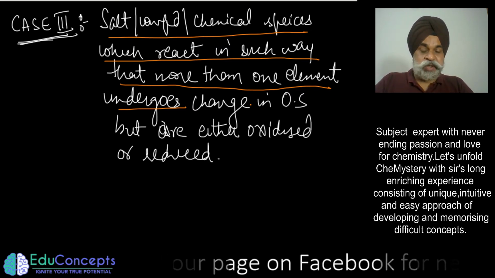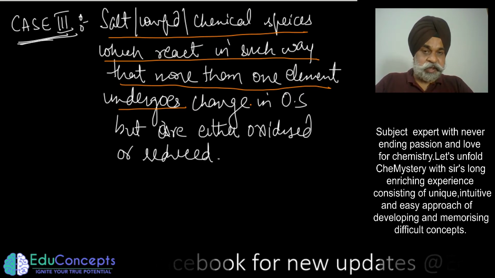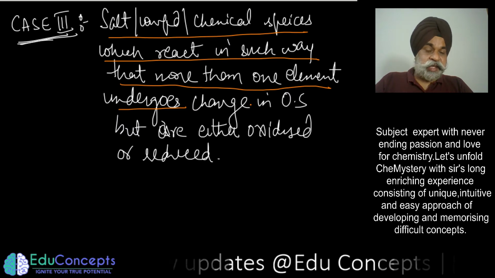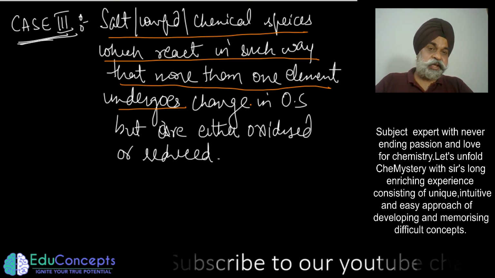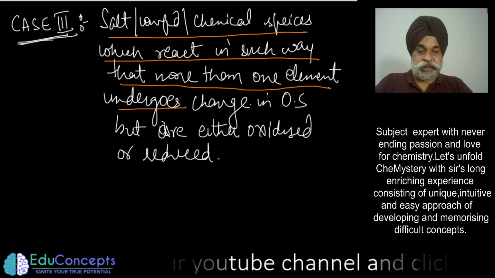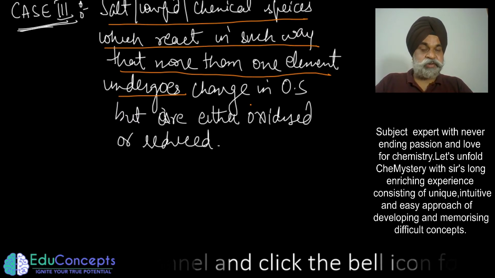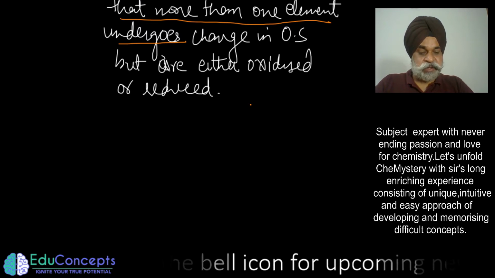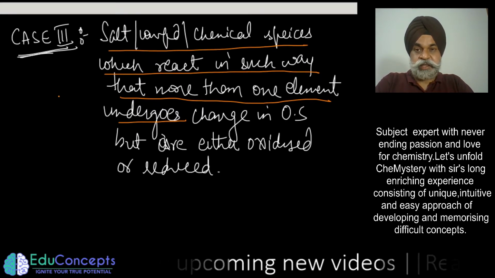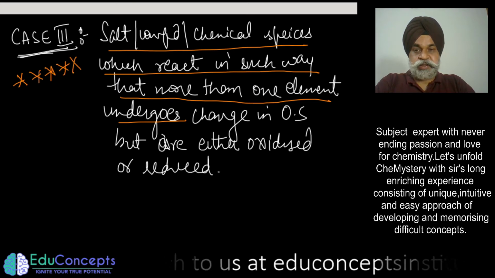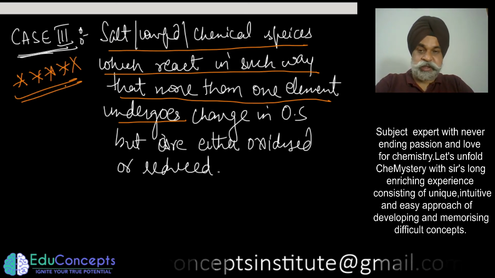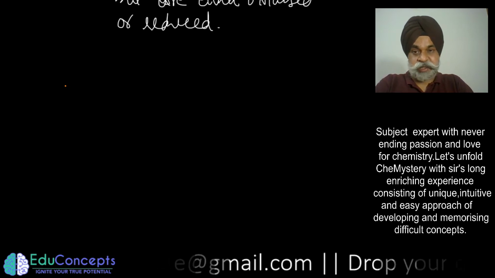In this case, more than one element in a compound will change oxidation states, but they are either reduced or oxidized. As we proceed you will understand, this is a very important case. This would be quite a challenging, important and interesting case.